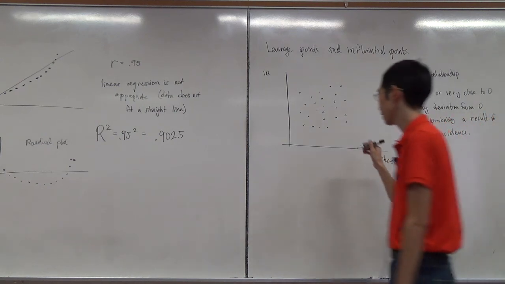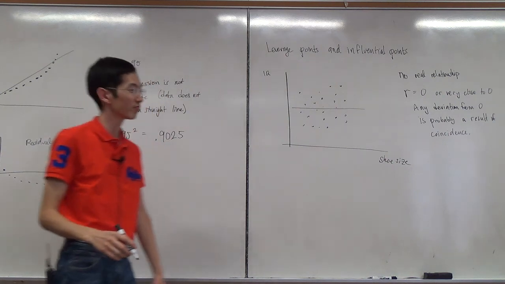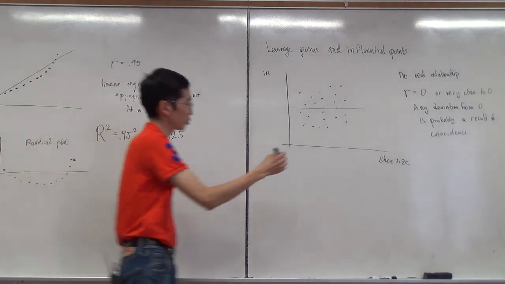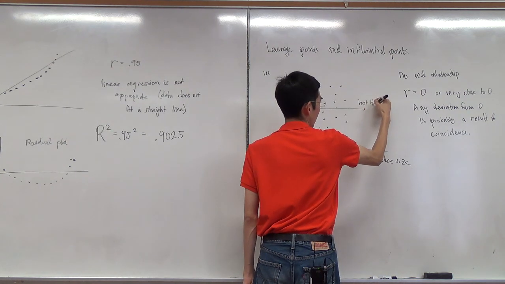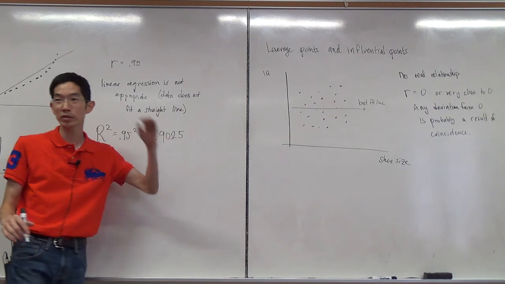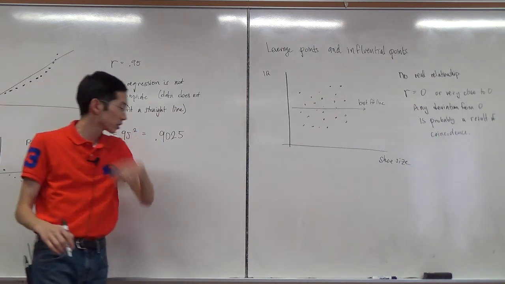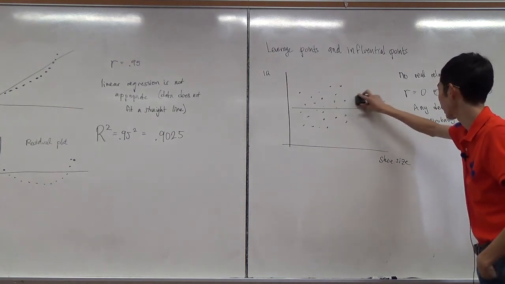So my line of best fit will probably be something like this. Okay, this will be my best fit line. Okay, that good with everyone? So if R were 0, then my best fit line would have a slope of 0. Okay.